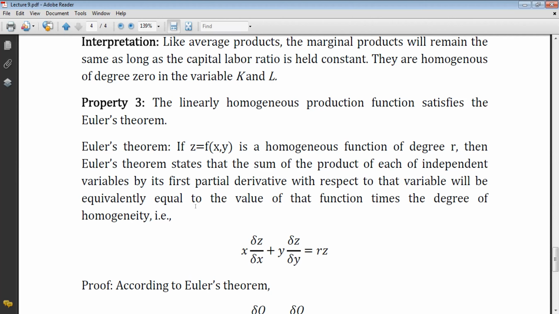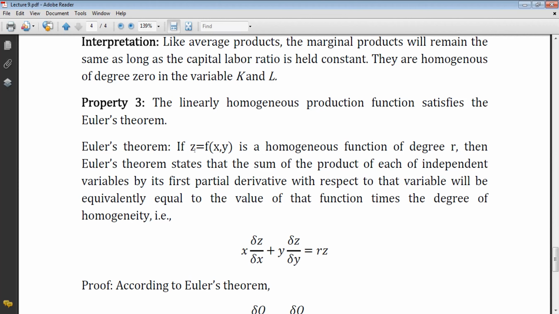It would become equal to the value of the function times the degree of homogeneity. The value of the function is z, and here this function's degree of homogeneity is r. That means this term will become exactly r into z. Is it clear to everyone?